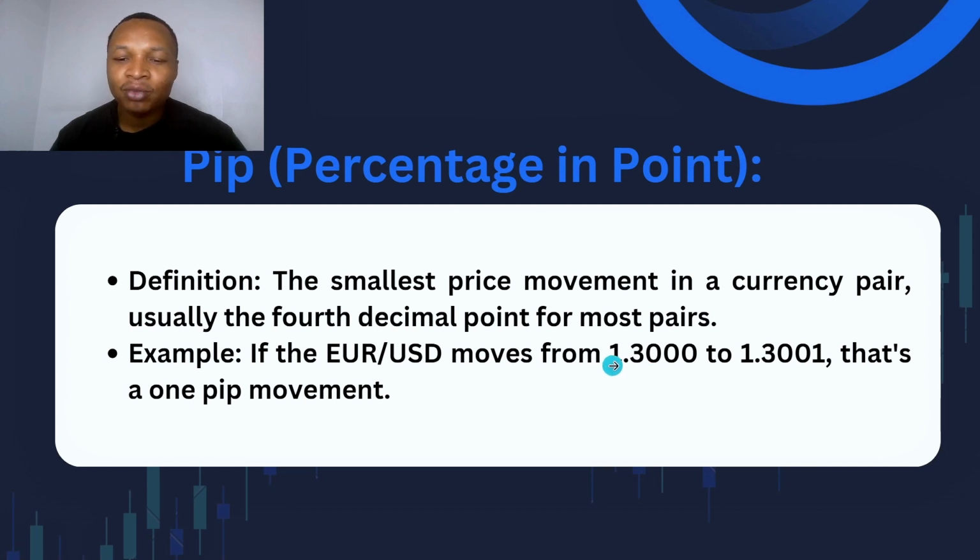And lastly, if it moves from 1.3000 to 1.3100, we say there is a 100 pips difference in price. So if you're taking advantage of price from one point to another, we are calculating that in pips. In the next video, we're going to show you how to calculate pips movement and relate it to price or an actual amount in trading.